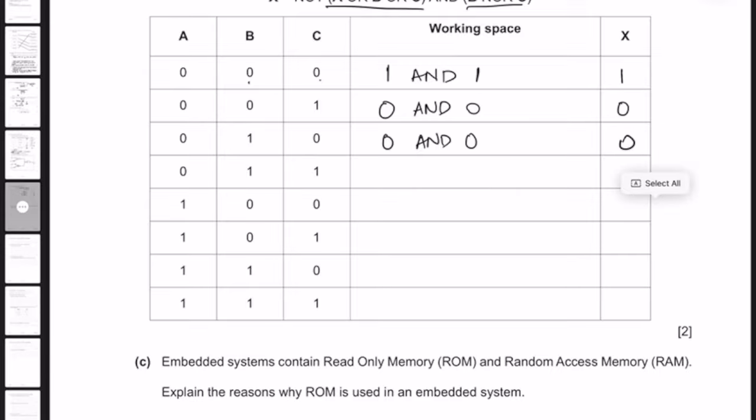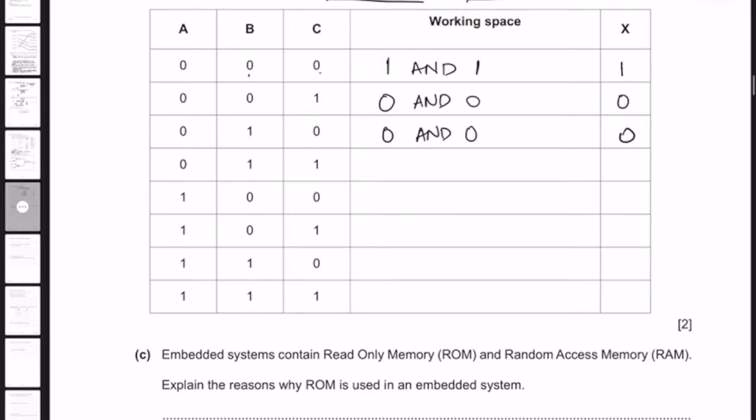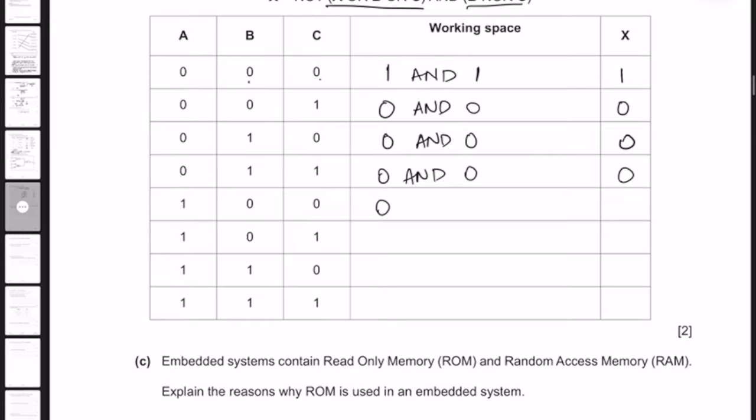Next up, A or B or C is true, so NOT of true becomes false. That's correct. And B NOR C is also false, so this is also false. Same goes for this.